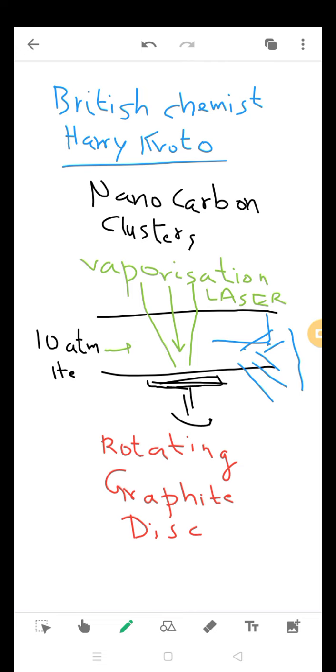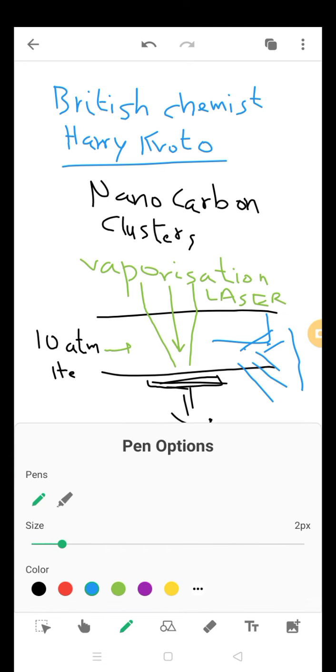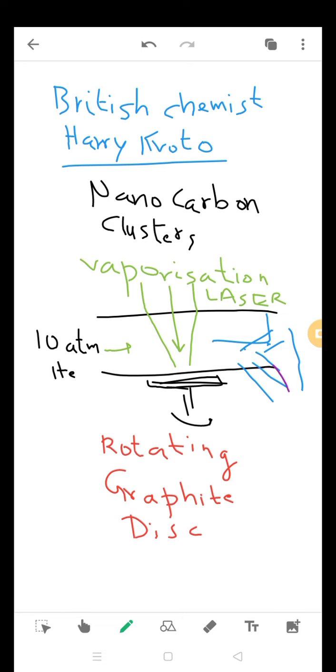Now here there was also a pulsed supersonic nozzle to generate the carbon cluster beam.